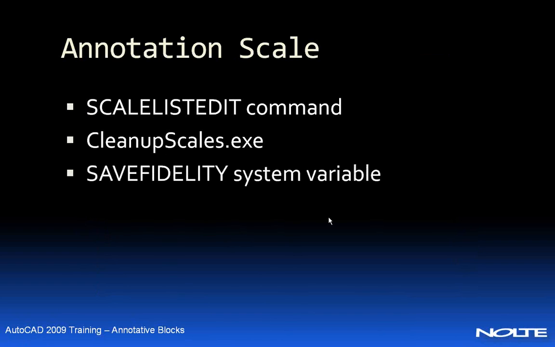And then we'll also look at, if you saw in the bottom of that last dialog, there was an item there to save visual fidelity. And what that does is it allows you to take a 2009 AutoCAD drawing with annotative objects and open it in 2007.